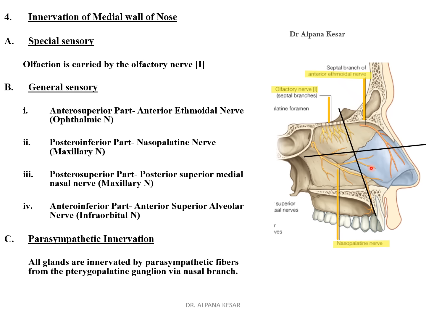For ease of understanding, the sensory innervation of the nasal septum has been divided into four quadrants. This is the anterosuperior quadrant. This is the posterosuperior quadrant, posterior-inferior and antero-inferior quadrants.